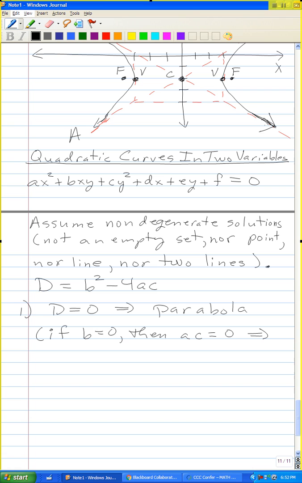And so if I don't have the xy term, then the only way that I can have a parabola is that one of the square terms is non-existent.